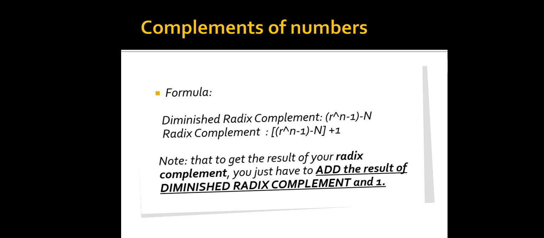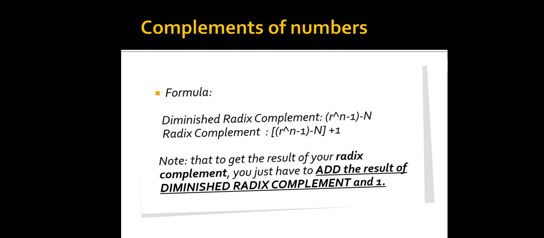So good morning everyone. This is a continuation of our discussion last meeting, which is the complements of numbers. For this slide, it is more on the examples, how to get the diminished radix complement and the radix complement.